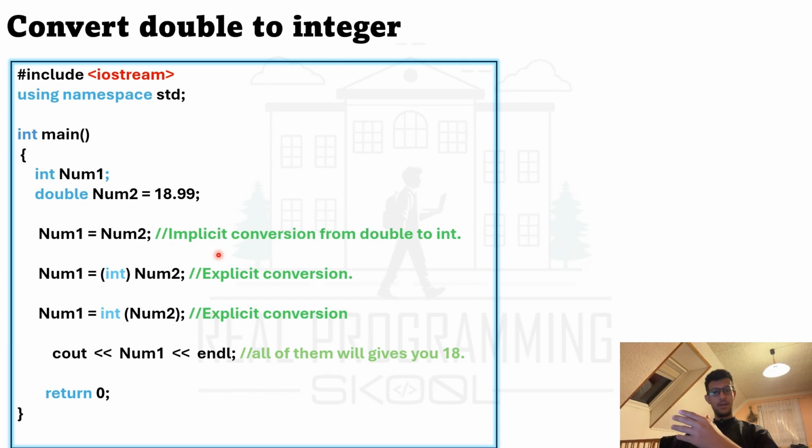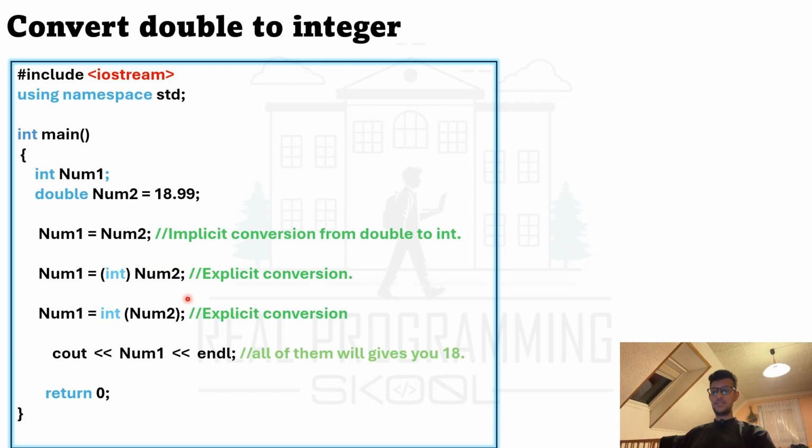By itself, the compiler will figure it out: it doesn't know that we want to convert a double value to an integer value, so it will truncate the .99 and just store 18 in num1, because num1 is an integer. In implicit conversion, we do not tell the compiler which data type we want to convert to.